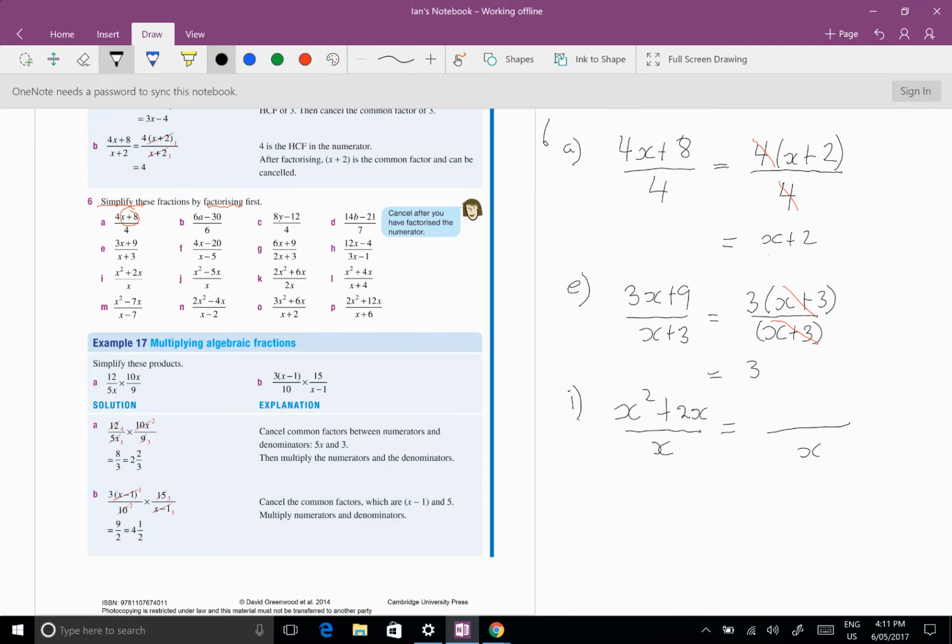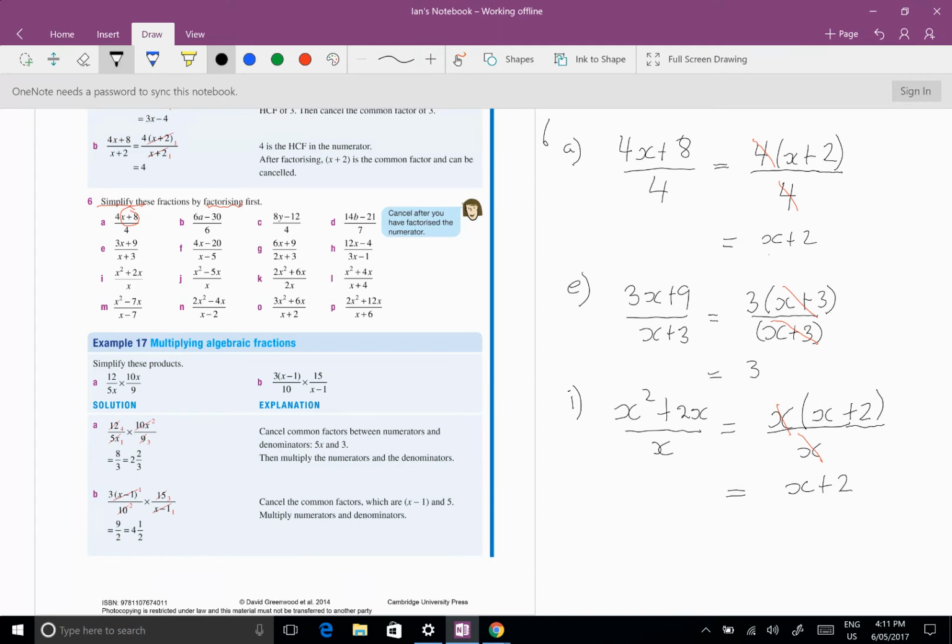And I notice there's no numbers there that I can factorise out, but I can take an x out the front. And that'll leave me with an x plus a 2. And now that's all multiplied on the top. I can now cancel. So I cancel the x. And I'm just left with x plus 2. And again, it's all over 1, but I don't need to.